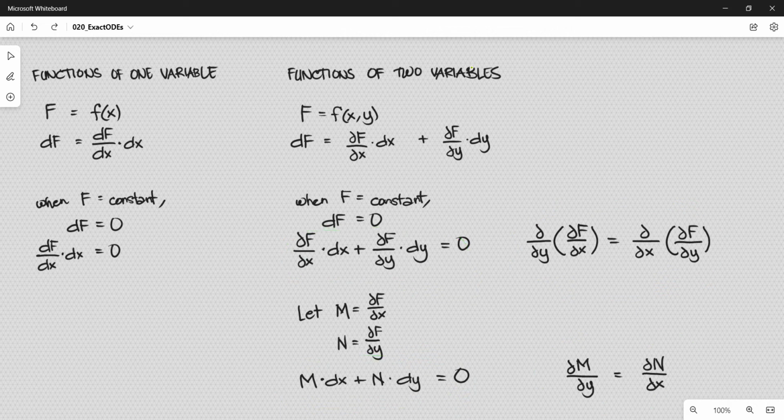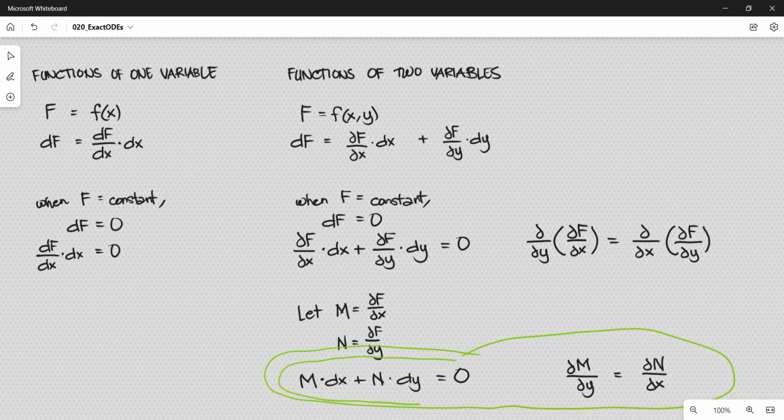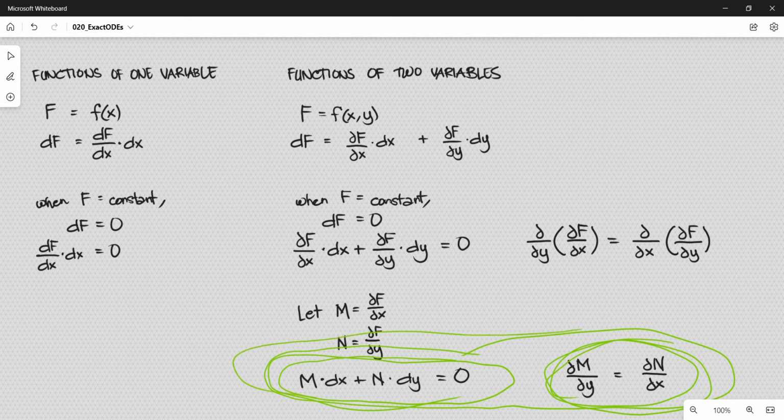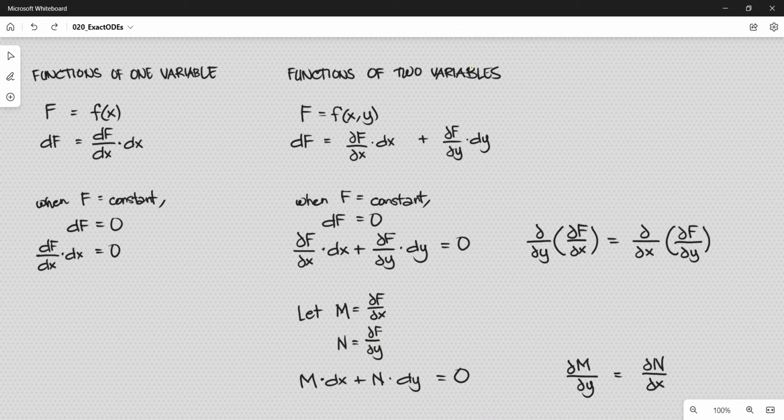So, madalas makikita natin ganito yung nakasulat. So, kapag may equation tayo ng ganito, i-check natin kung true ba tong condition na to. Tapos kapag true sila pareho, then meron tayong exact differential equation. Okay?